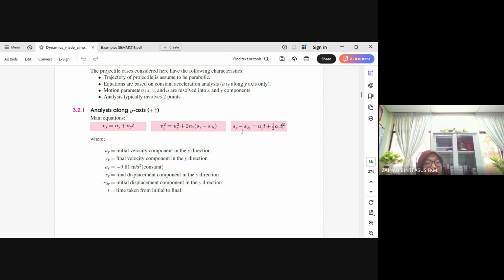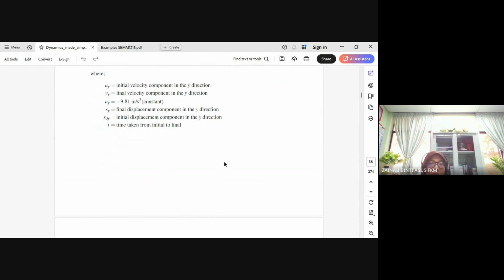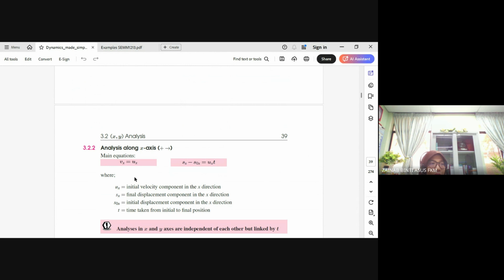You see here, there is no longer an Ay here, because we assume that ax equals 0. The acceleration only happens on the y axis, the gravity. That's why we only analyze projectile motion.